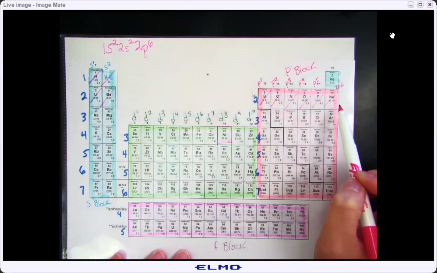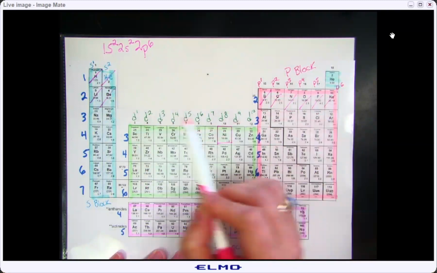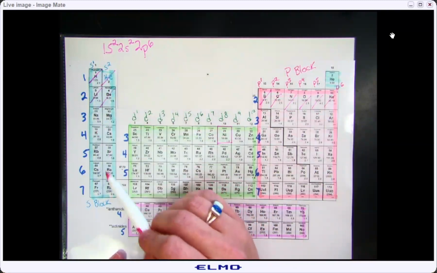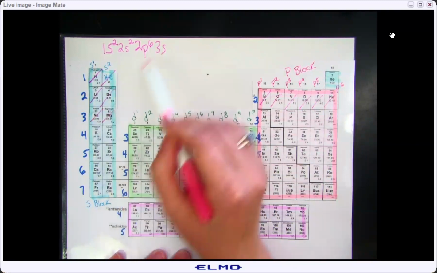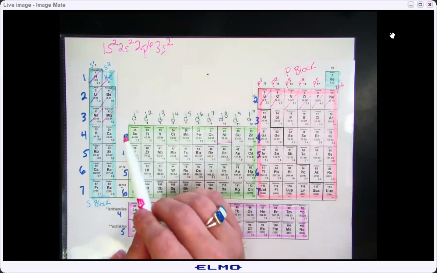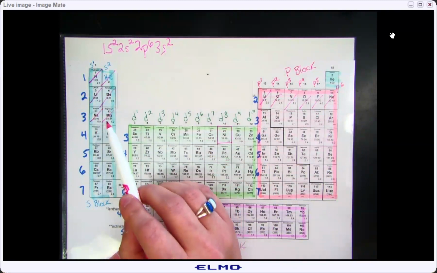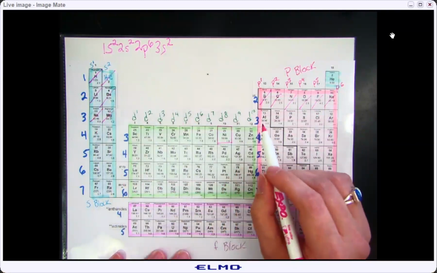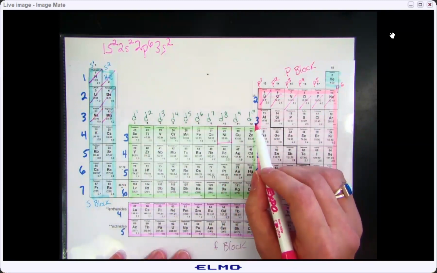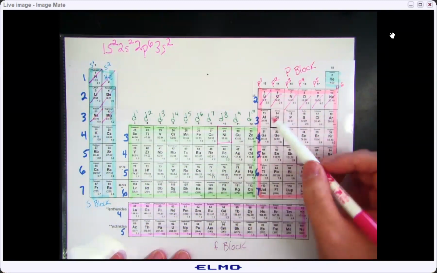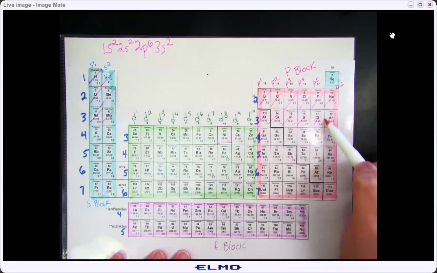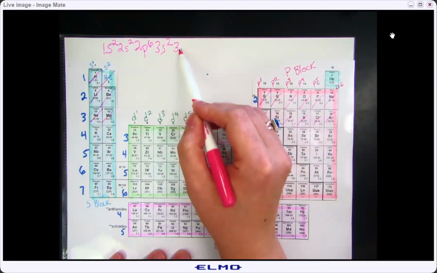After we fill up all of our 2p orbitals, we would then go to the 3s, and we would have 3s2. Then we just keep reading across like a book. Next thing we would hit is the 3p block, so 3p, and then 1, 2, 3, 4, 5, 6, again 3p6.